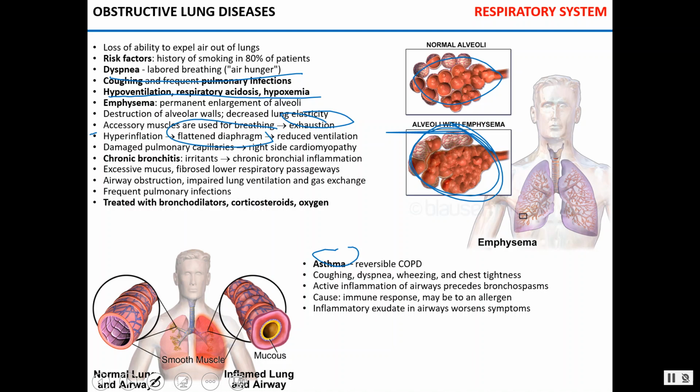Chronic bronchitis leads to chronic bronchial inflammation, accumulation of mucus in the passages, obstruction of the airways. Now, asthma is a reversible chronic obstructive pulmonary disease. And generally speaking, for chronic obstructive pulmonary disease, there are two components: emphysema, damage to the alveoli, and chronic bronchitis, obstruction of the respiratory passages with mucus.